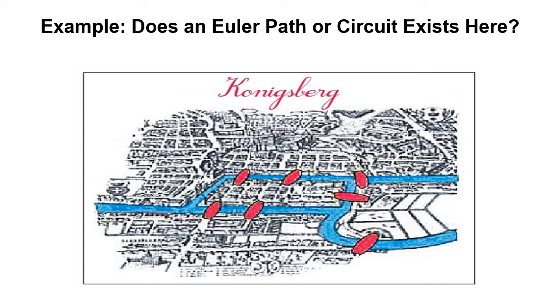If we look at the Konigsberg Bridge problem, we represented the islands with vertices, and if I can go from one island to another with a bridge, we can draw an edge between the two vertices that represent the islands. And how about this graph? Does it have an Euler path or an Euler circuit?